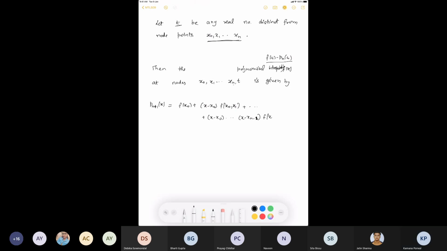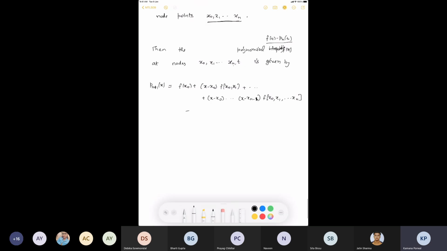The divided difference of f with the arguments x0, x1 up to xn. And the last term is going to be x minus x0, x minus x1 up to x minus xn, and the divided difference will be at the nodes x0, x1, xn, and then t.